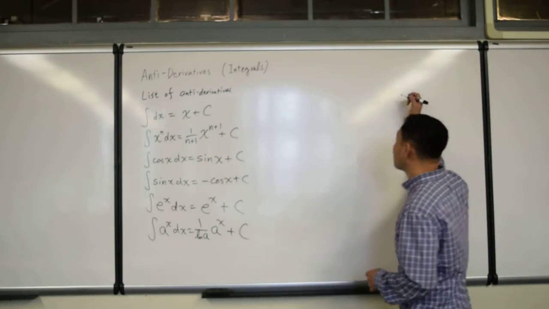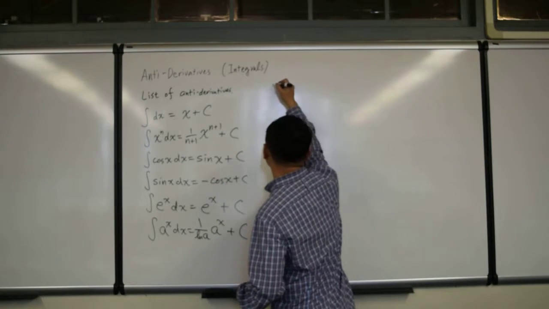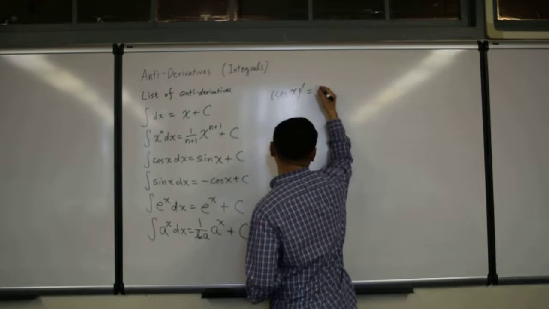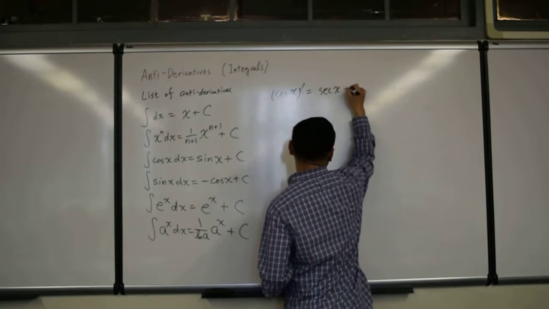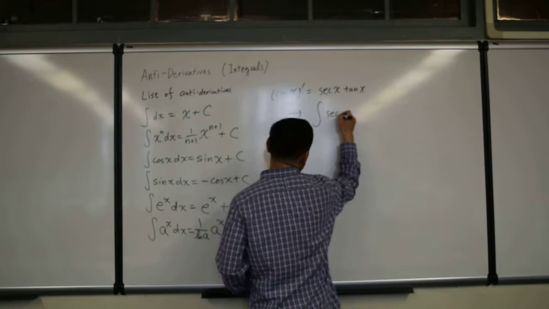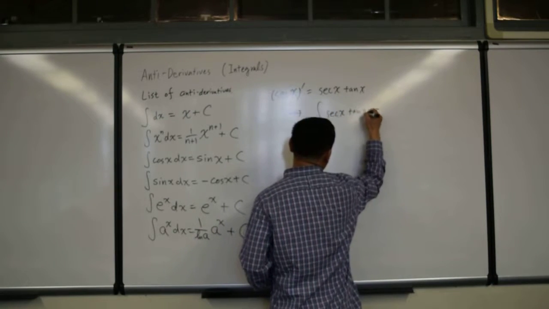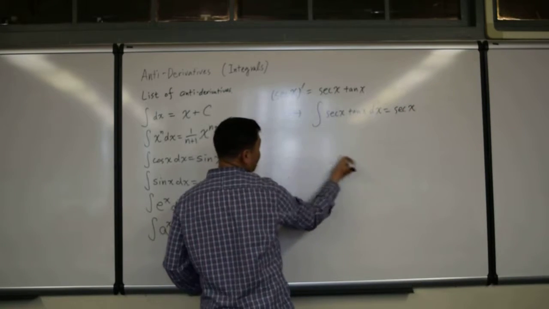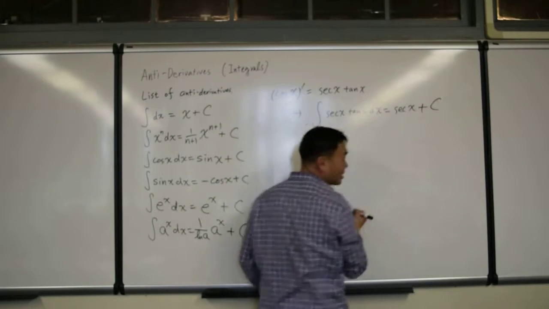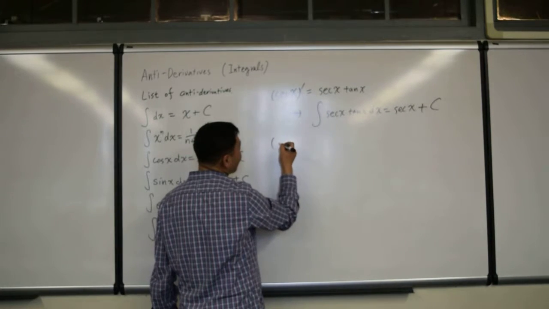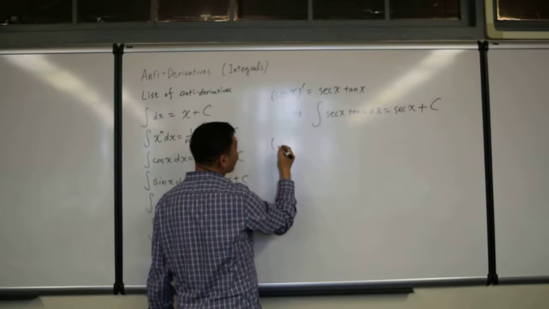You can have statements like that. Since differentiating secant of x gives you secant x tangent x, that means that the integral of secant x tangent x dx is secant of x. Plus c. Keep yelling that. That way you're not going to forget it when you're taking the exams.